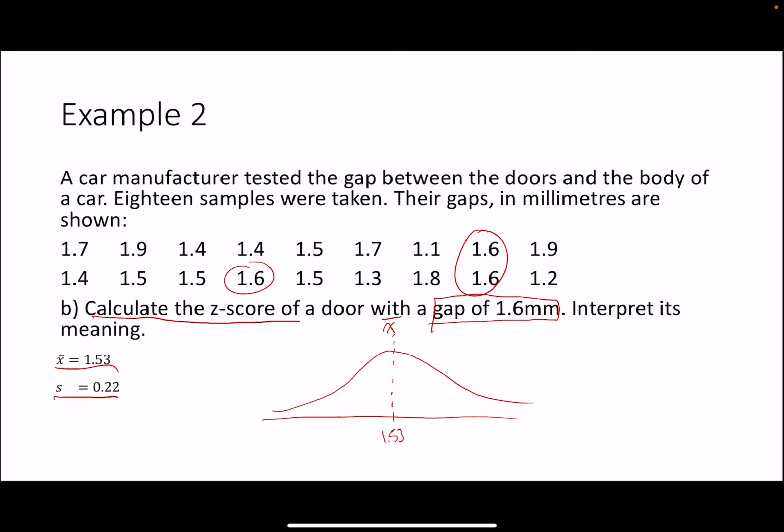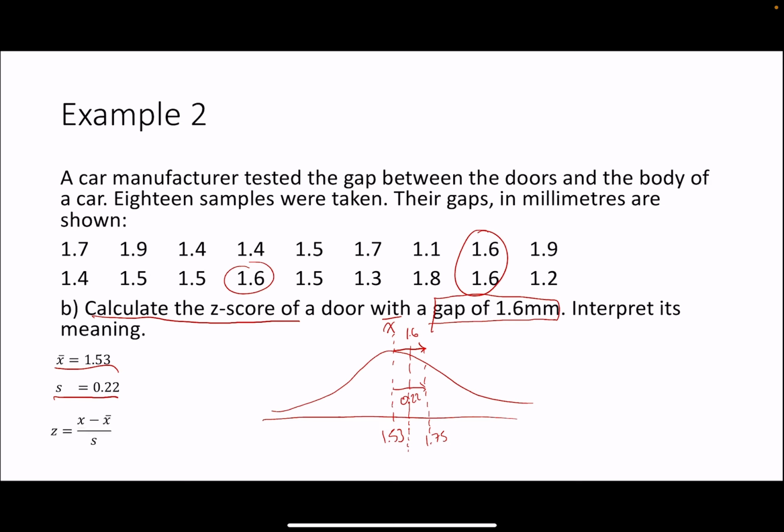That's my mean. 0.22. That is 1.75. So where is 1.6? 1.6 is going to be around right there. So how many standard deviations is it? That's one standard deviation. So it's going to be less than one standard deviation from the mean.